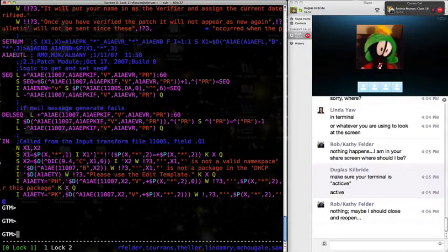So, to enable multiple processes to coordinate with each other, MUMPS invented something called the lock command. The lock command has been pretty much in the MUMPS language since its very beginning, but its form has changed slightly.